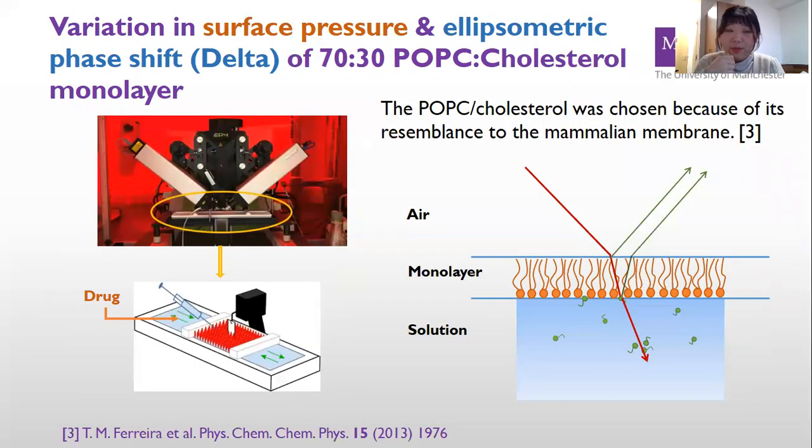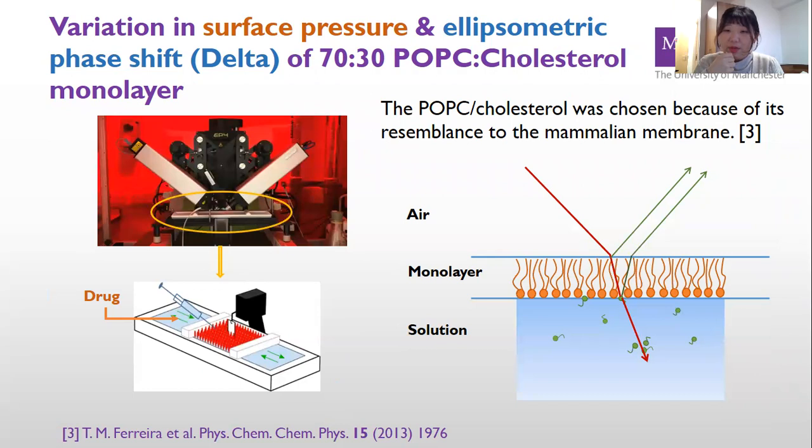Then the second part of my project, the interaction between the drug and the model cell membrane system. The model cell membrane we used here is a lipid monolayer at the air-water interface, composed of POPC with and without cholesterol. The variation in surface pressure and ellipsometric phase shift were recorded at the same time using the combined Langmuir trough and ellipsometry.